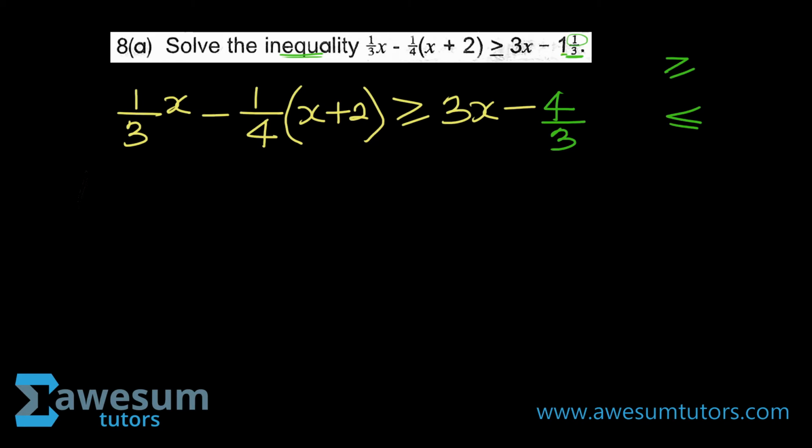Now for us to solve this type of problem, because we have a lot of fractions right here, 1 over 3, 1 over 4, 4 over 3, I would like to convert these numbers to whole numbers. For you to do that, you multiply throughout by the LCM of 3, 4, and this 3 right here.